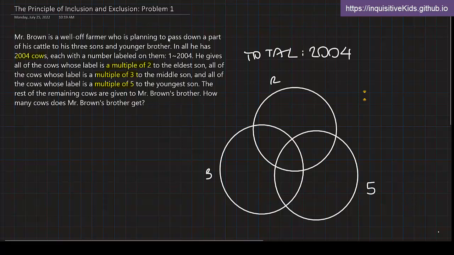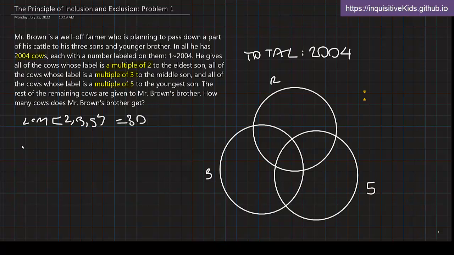So that middle part would be the least common multiple. We first have to find the LCM of 2, 3, and 5, which is equal to 30. Then we're going to divide 2004 by 30 to see how many multiples of 30 are in 2004.